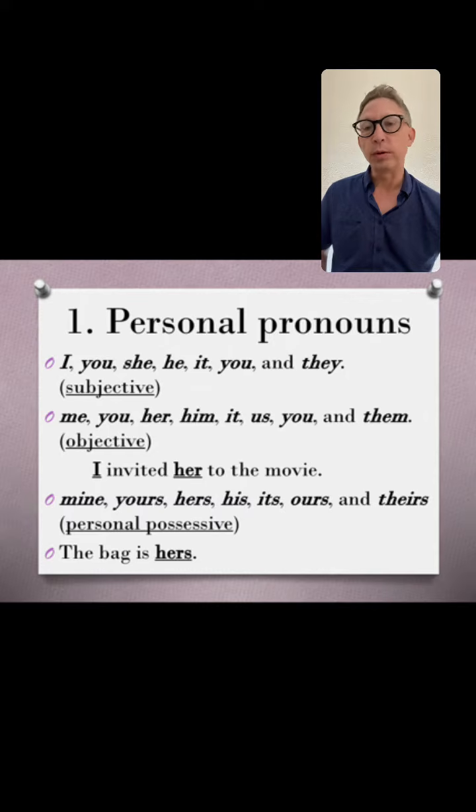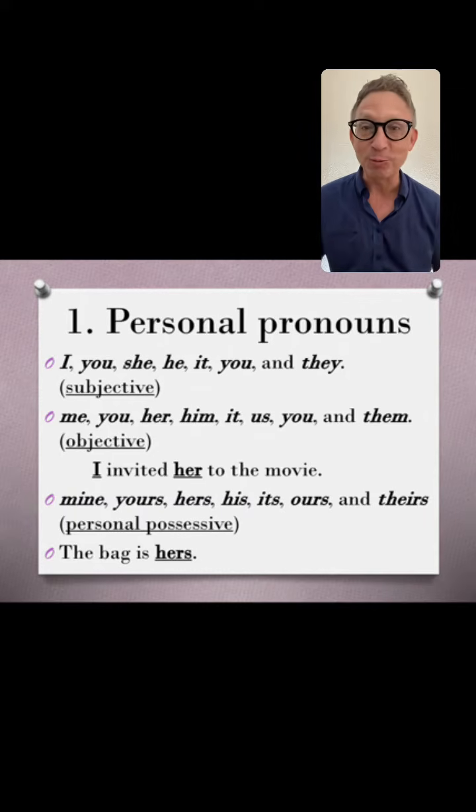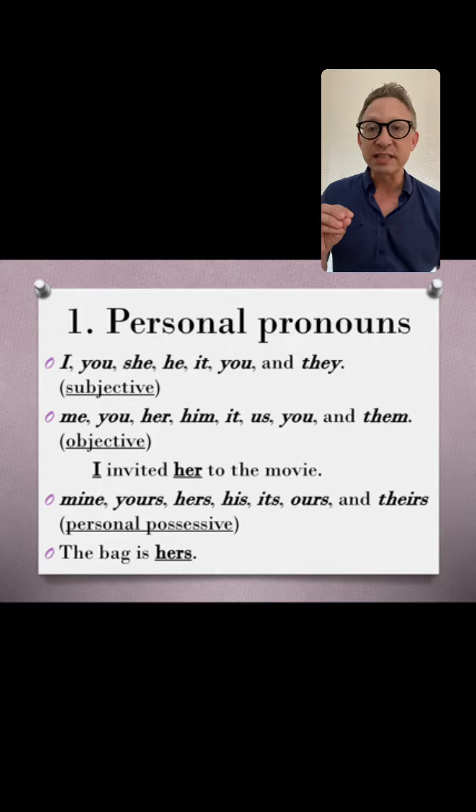The first we know about, I think, so these are the easiest ones, the most common, personal pronouns in the subjective case, or near the front of a sentence normally. I, you, she, he, it, and then you plural, and they, also we.